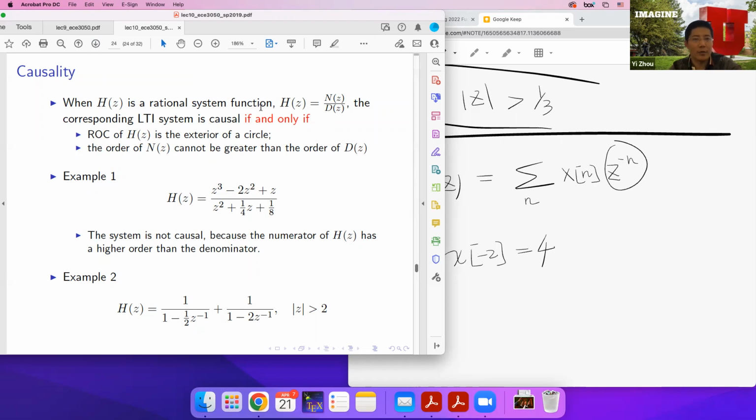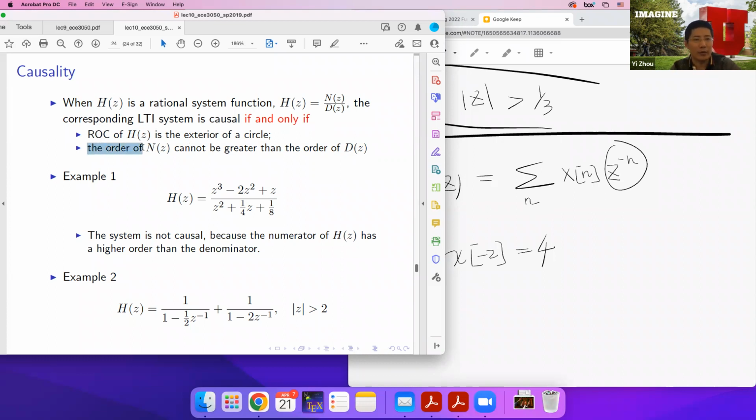And in particular, when the system frequency response H(z) has a rational form, then causality is equivalent to the following two conditions. First of all, the ROC should be extending outward from a circle, because causal means h[n] is right-sided. The system response is right-sided.